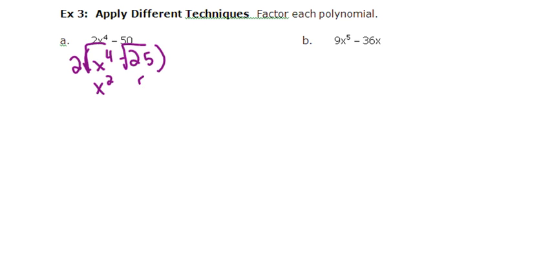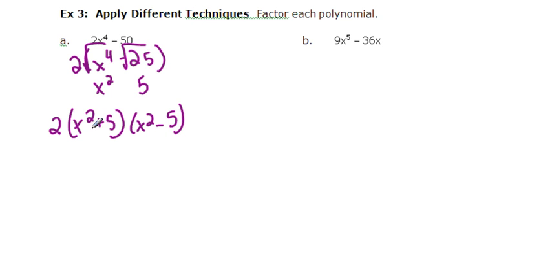Square root of 25 is 5. So I have x squared plus 5, x squared minus 5, plus that 2 that I took out originally.